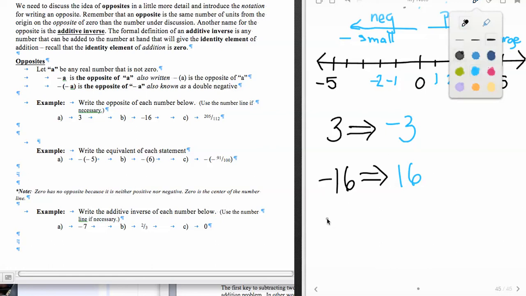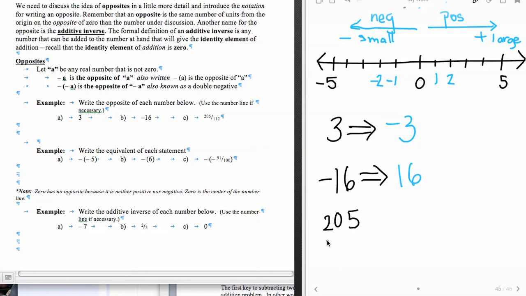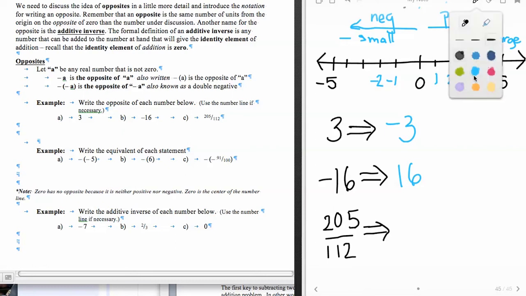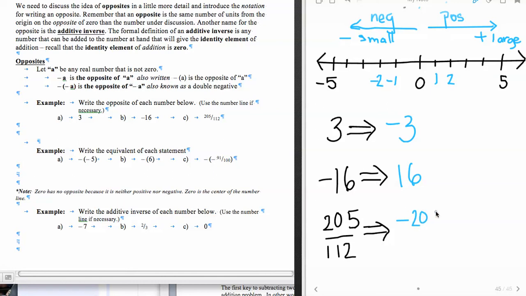And then the last one, we have 205 twelfths, which is one of our real numbers. It's a fraction, right? Real number. And if I want the opposite of 205 twelfths, the opposite of 205 twelfths is a negative 205 twelfths.